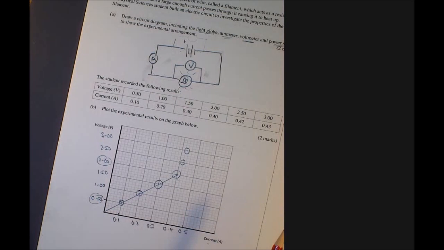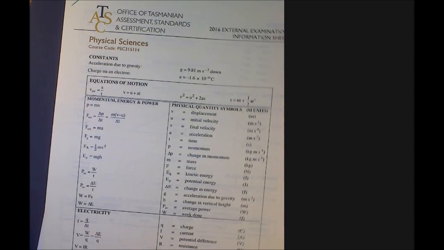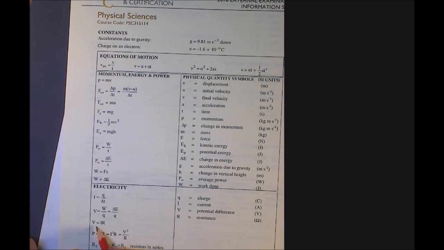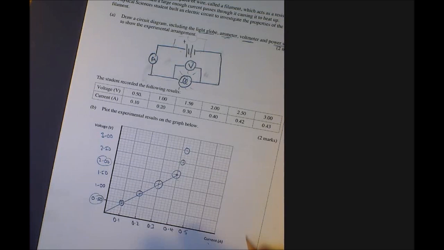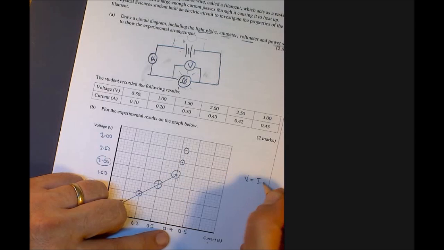If we bring back our information sheet, look down here in the electricity section, resistance: V equals IR. So I'll just put V equals IR.